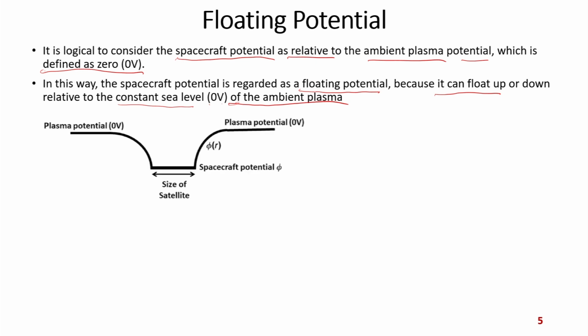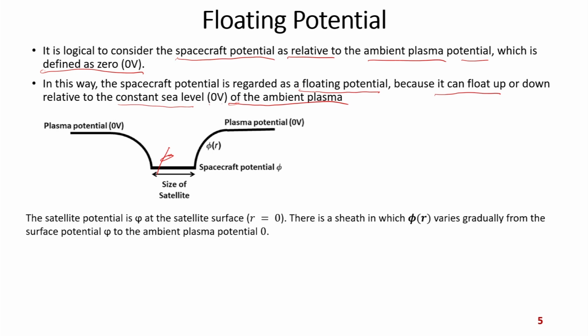Pictorially it is shown here. This portion is your spacecraft, and the spacecraft potential goes from 0 towards the negative, and then it has some stable potential here. You can consider this as phi, and then again it goes to the plasma, to the 0 potential.